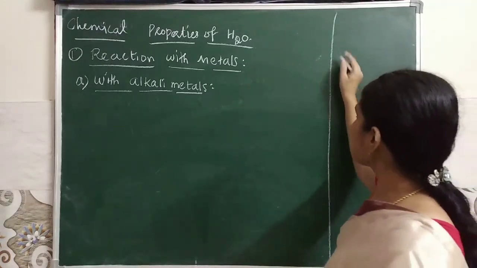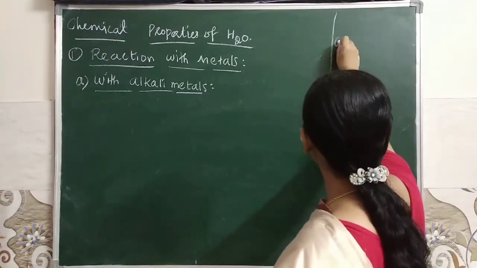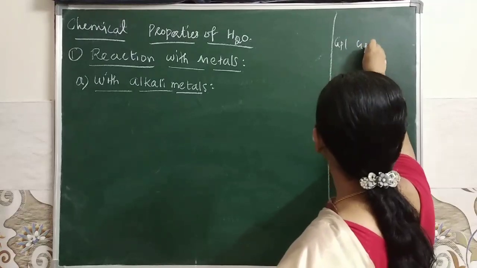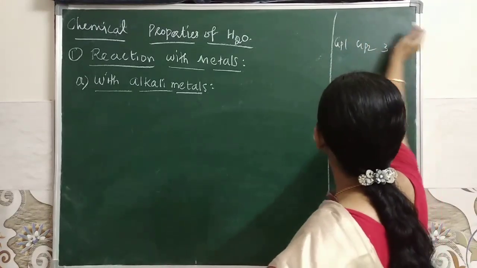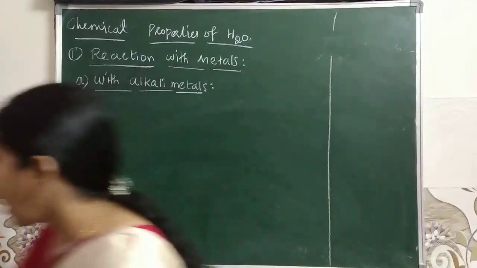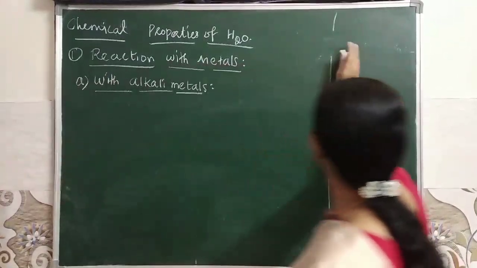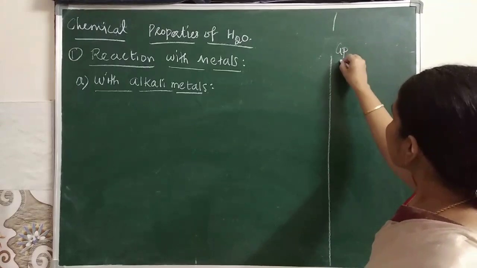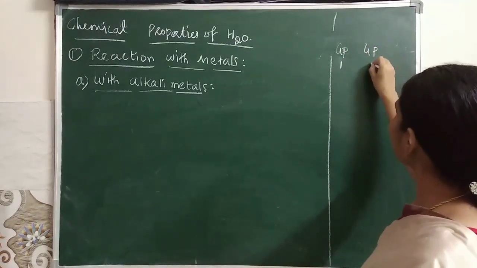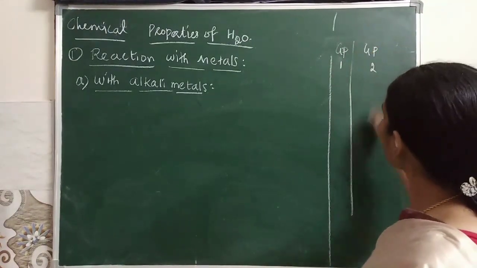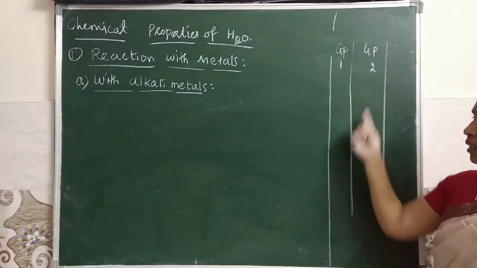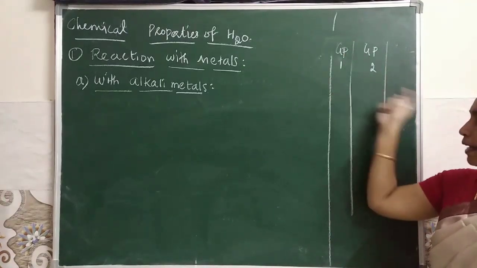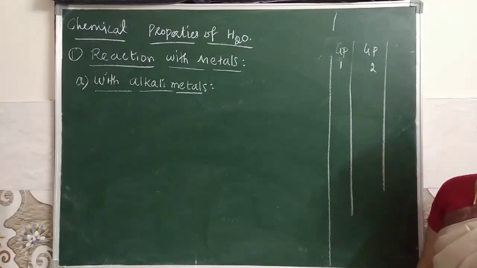In the periodic table, we have group 1, group 2, then 3 to 12, 13 to 18 and inert gases. Vertical columns are called groups, horizontal rows are called periods.